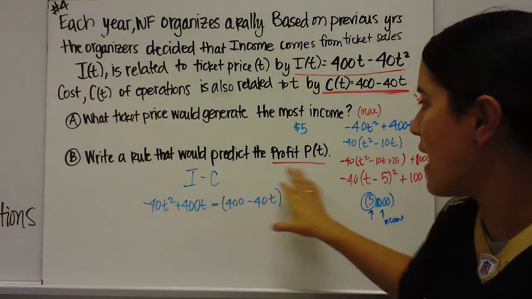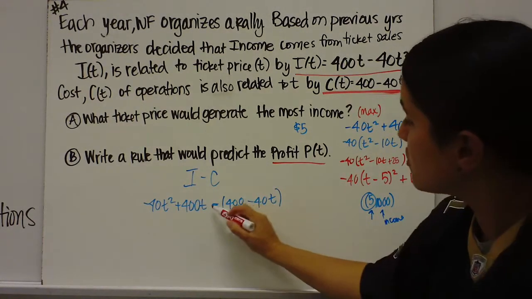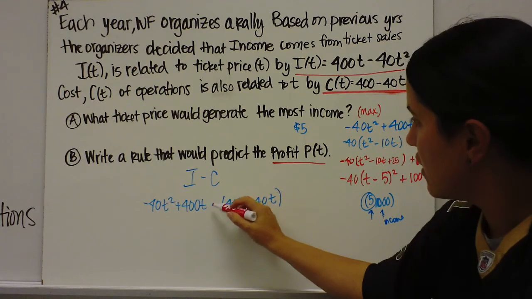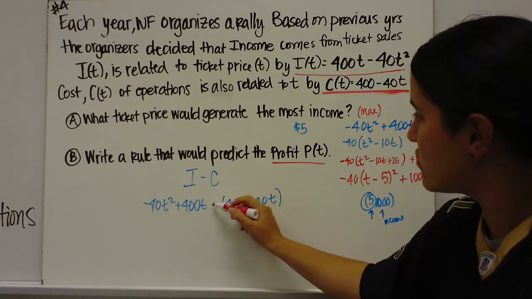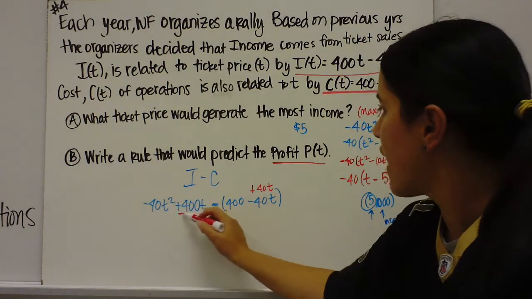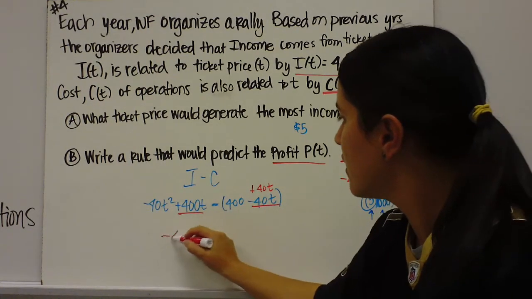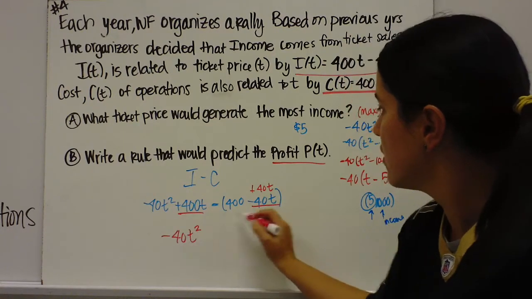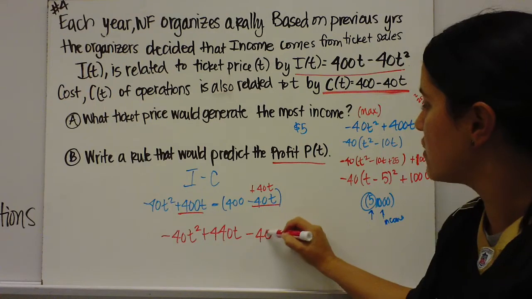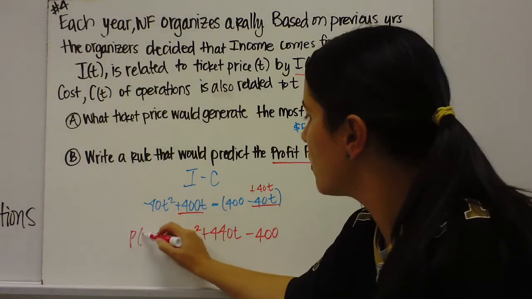When you subtract these two negatives, this is really going to become a positive. So minus a negative 40t is really going to be a plus 40t. So that is going to affect here. Negative 40t squared plus 440t minus 400. So that would be your profit.